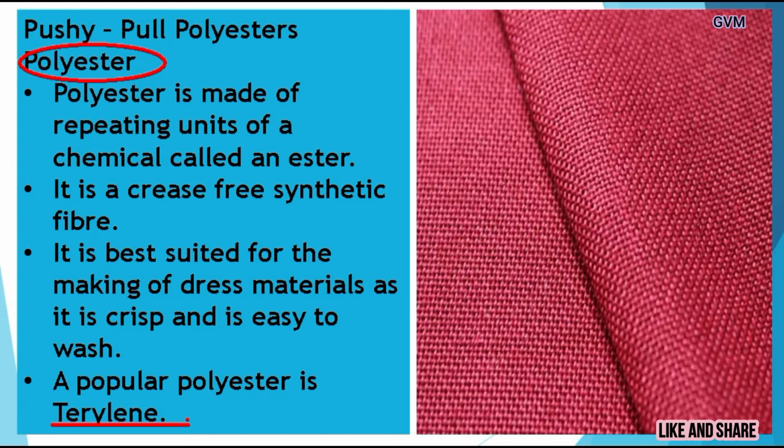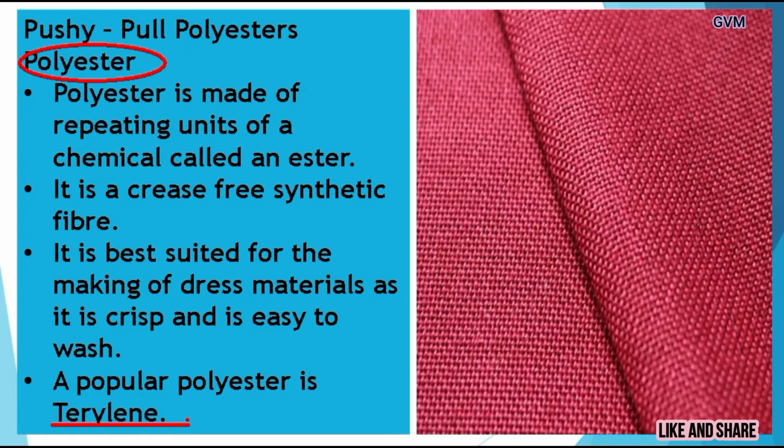For example, polywool, where the word poly means polyester and wool means wool, that is a natural fiber. So when polyester is mixed with wool, it makes polywool. In the same way, polycot means mixing of polyester and cotton, and terrycot in the same way means mixing of terylene and cotton.